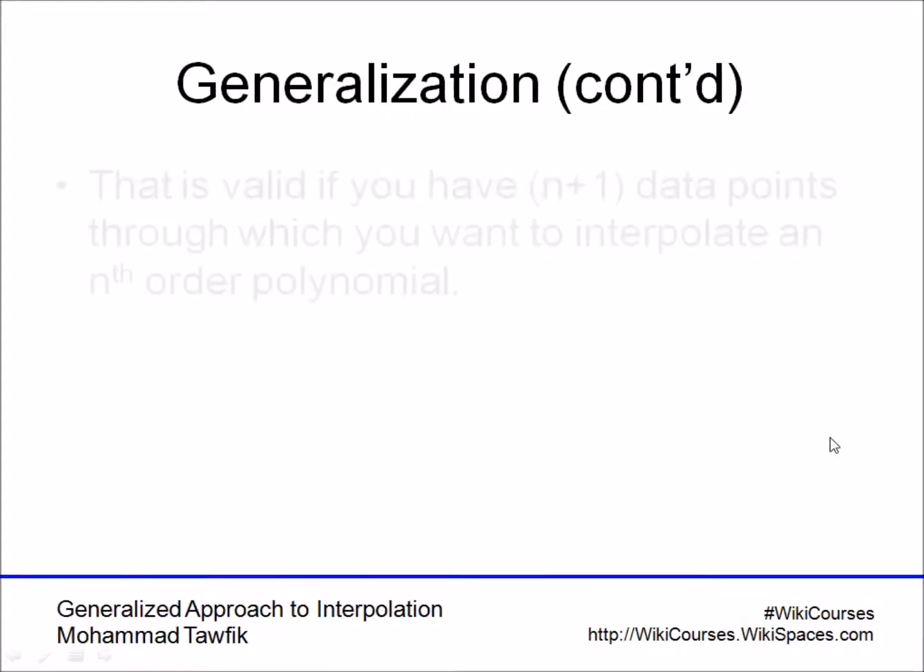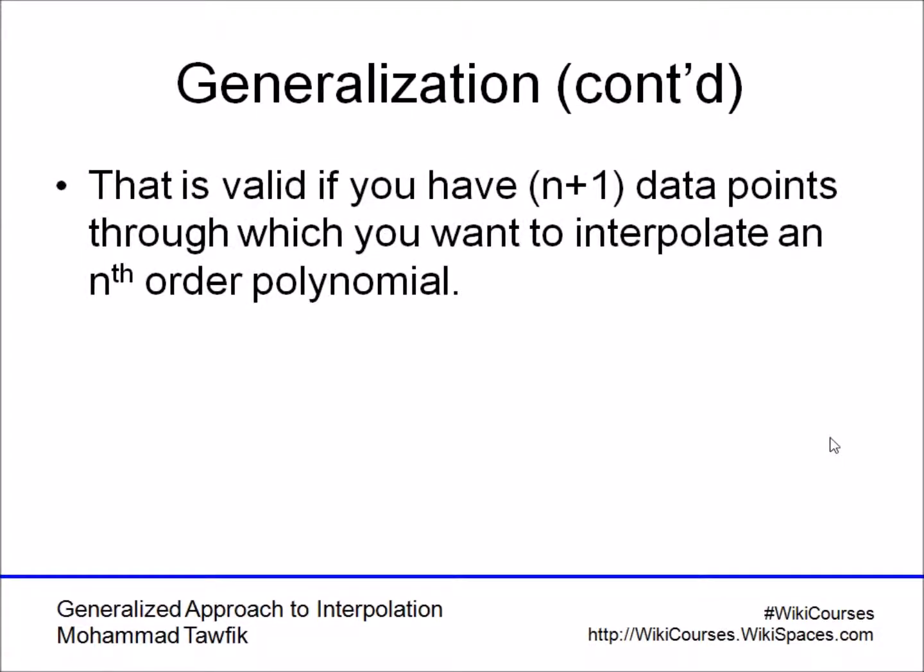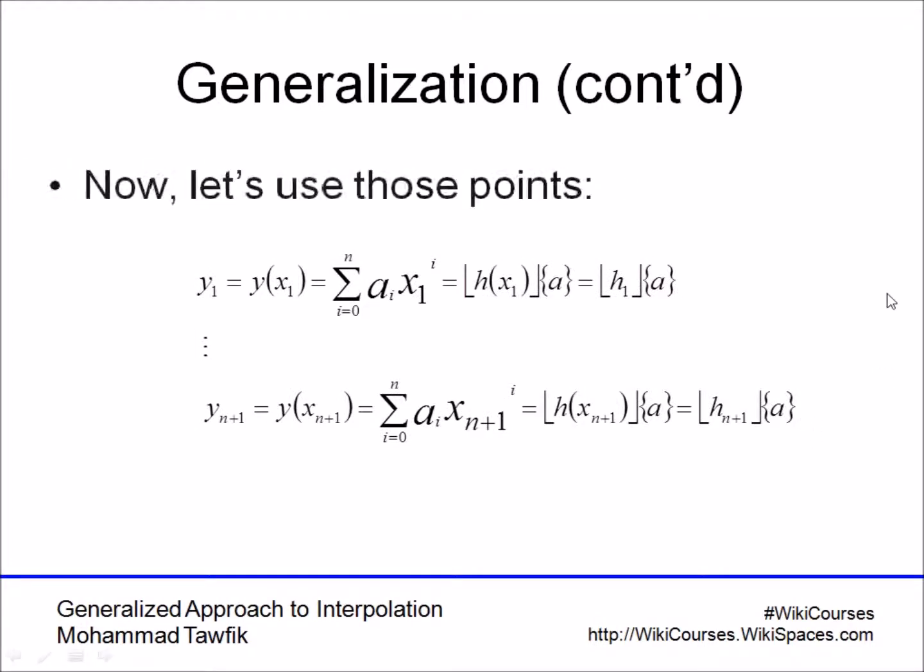Then let's use this with the data that we have, y1, y2, y3, x1, x2, x3, as before. In that case, the x's will appear only in the h row vector, and the a's will stay as is, just constant coefficients.